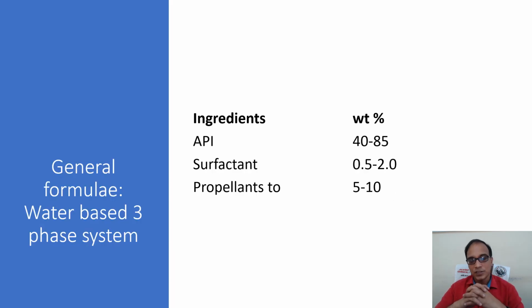Take this example of the general formula: API 40 to 85%, surfactant 0.5 to 2%, and propellant 5 to 10%. So as you can see, much more quantity of API you can load here as compared to other systems. Okay.